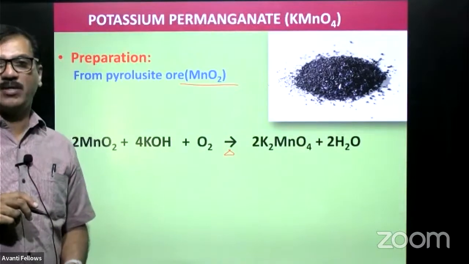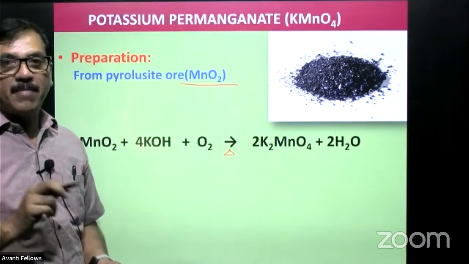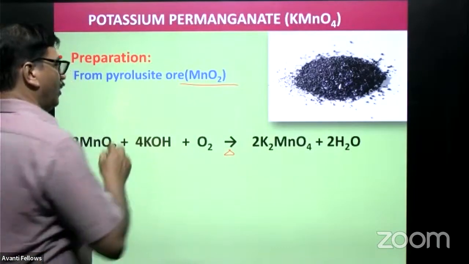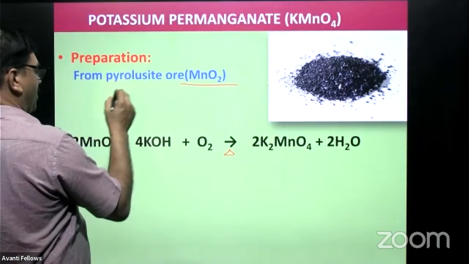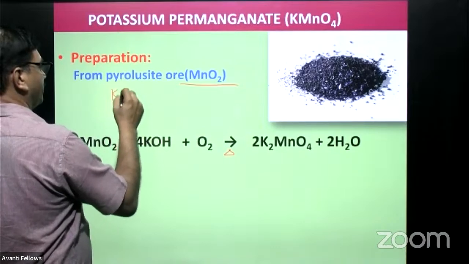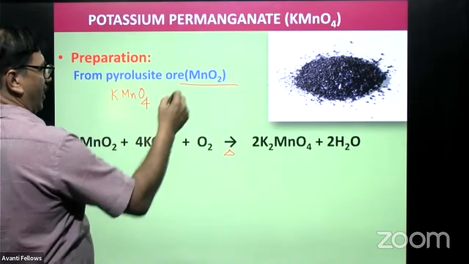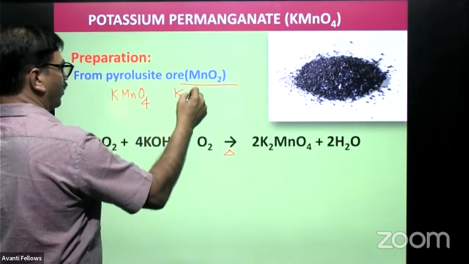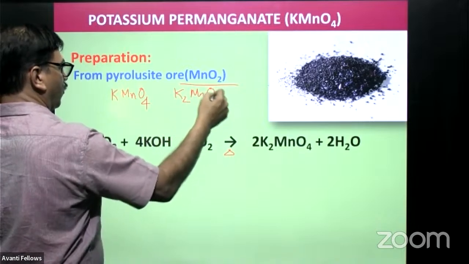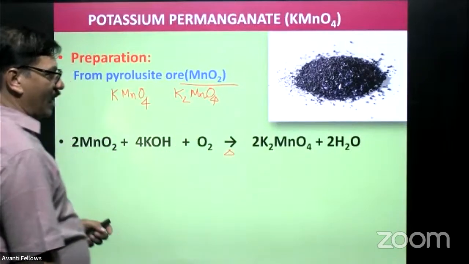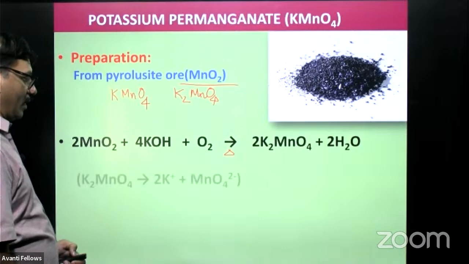What is this K2MnO4? It is potassium manganate. Potassium permanganate is KMnO4, and here it is K2MnO4. We have not got the final product yet; we are getting potassium manganate.